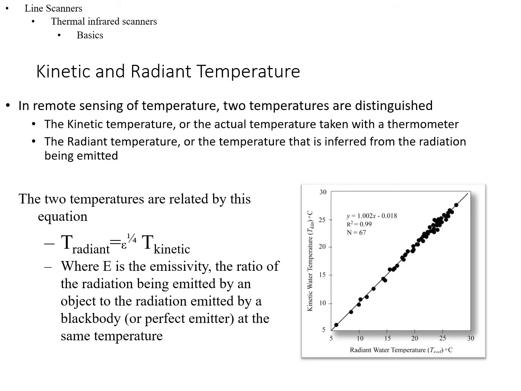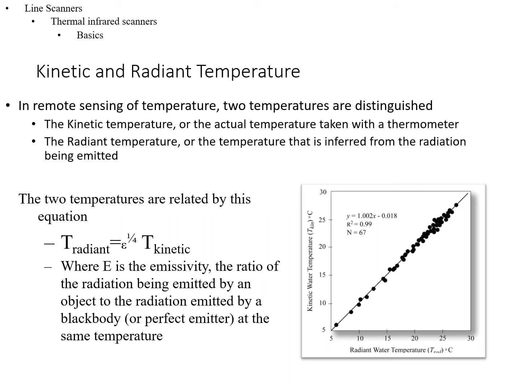So we talk about emissivity. In remote sensing of temperature, we distinguish two types of temperatures. One is the kinetic temperature, right? That's the actual temperature taken with a thermometer if you were in the field with a thermometer. The radiant temperature is the temperature that's inferred from the radiation being emitted. And the two temperatures are related by the following equation.